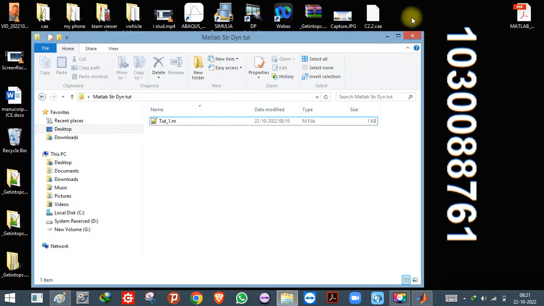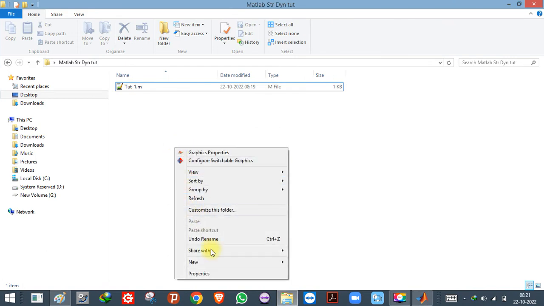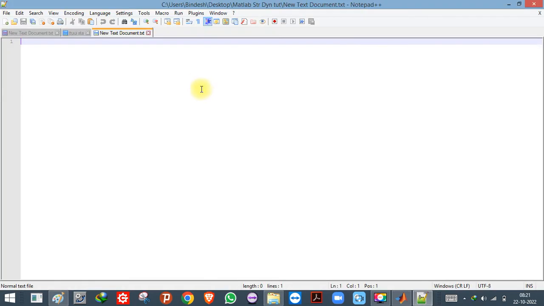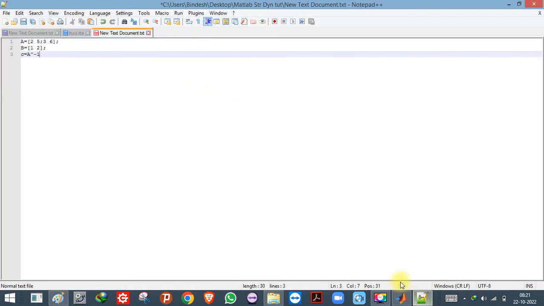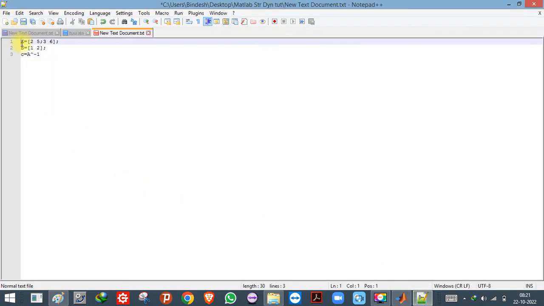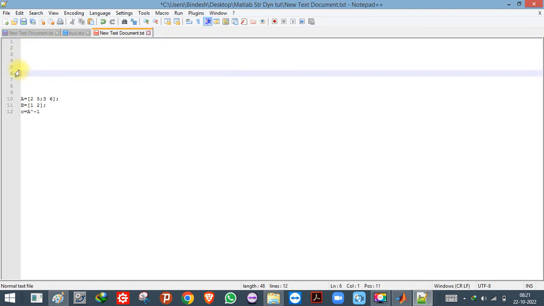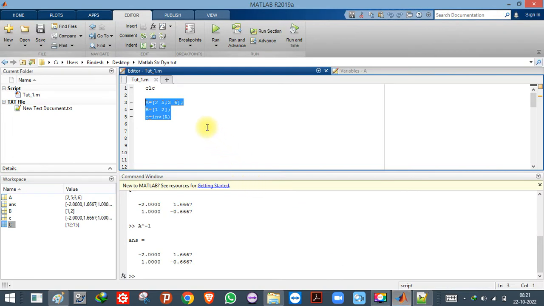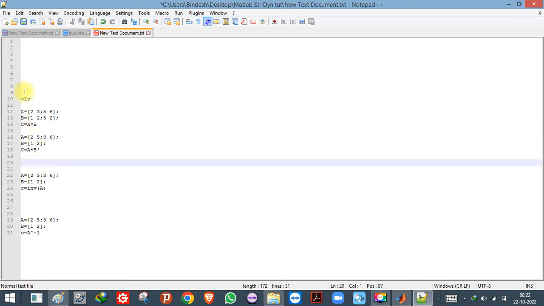I just want to keep this as a record, so that if you need this code, I can give it and it will be helpful for you to learn. If I keep a record, it becomes easier.